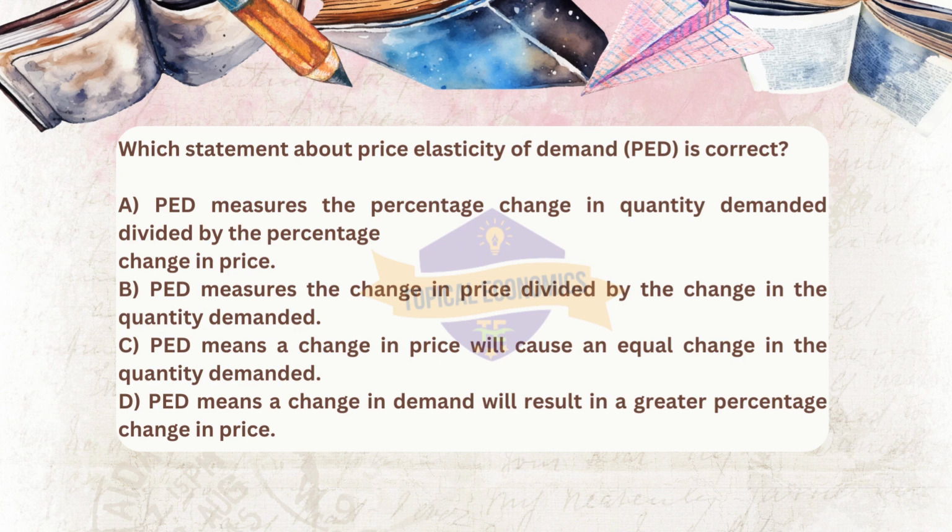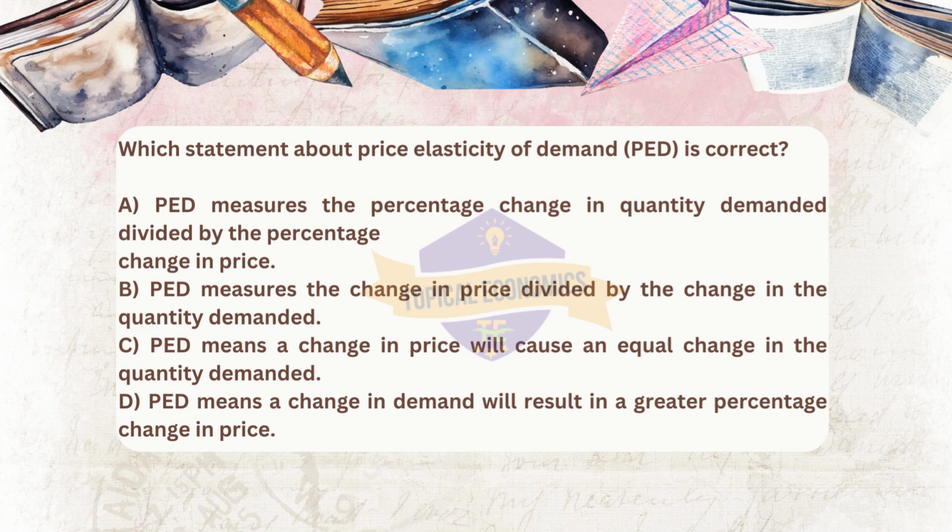PED measures the percentage change in quantity demanded divided by the percentage change in price. Price elasticity of demand, PED, is a measure of the responsiveness of quantity demanded to a change in price. Let us evaluate the other options as well. Option B incorrectly reverses the calculation by stating it as a change in price divided by the change in quantity demanded.